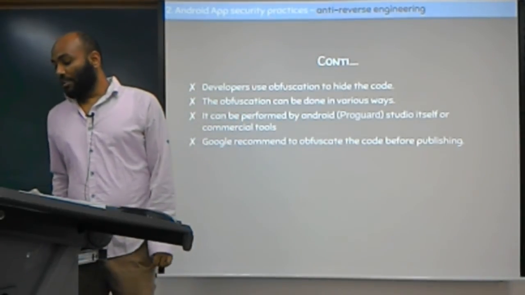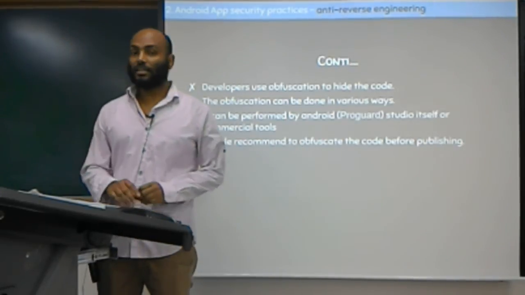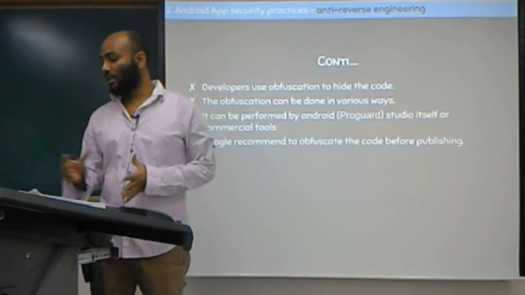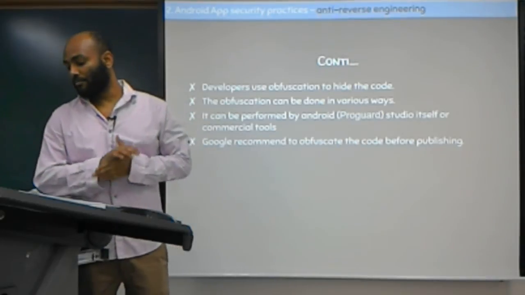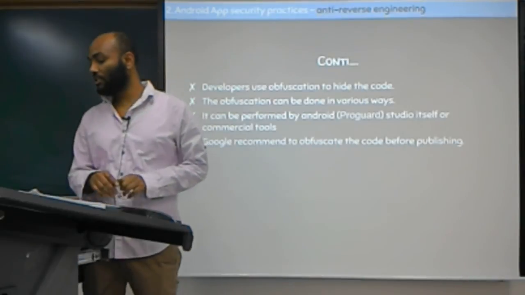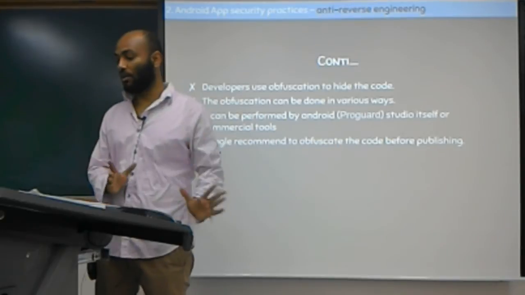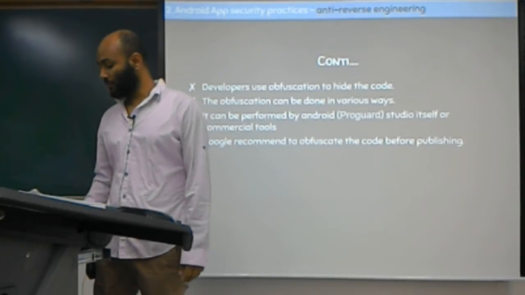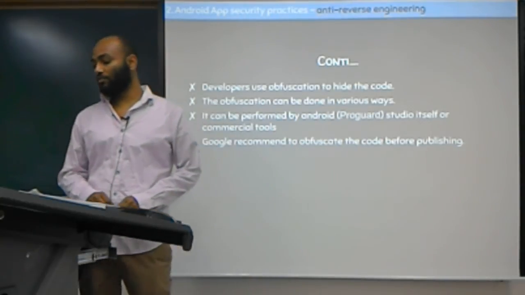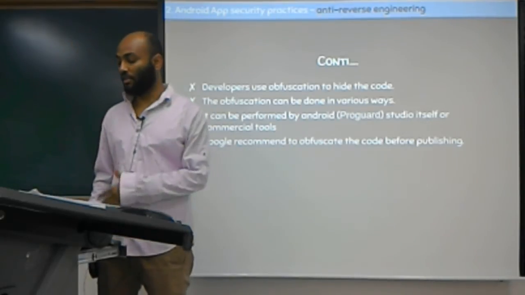Obfuscation can be done in various ways, like renaming all variable and class names so that they are garbage, flattening the directory structure, moving method names between files, adding garbage code in the middle of the code, and changing strings to their hex array or equivalent. So there are a lot of ways to obfuscate the source code of the application. And ProGuard is also an obfuscation tool used in Android projects. It's a plugin in the Android project. You can enable it and use it.